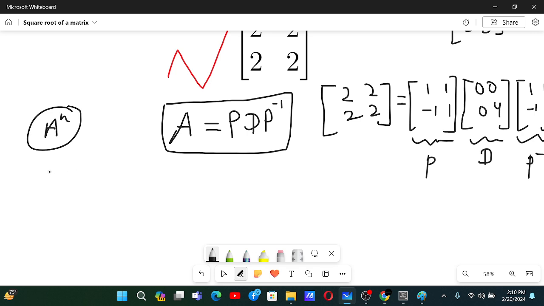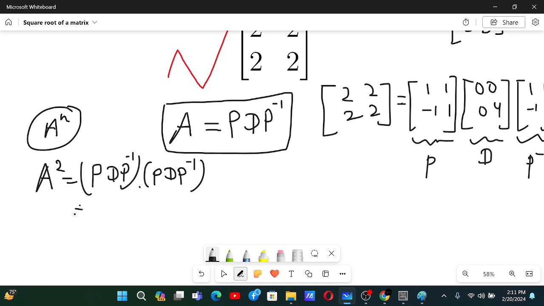Now A squared will just be P D P inverse times P D P inverse. Since matrix multiplication has the associativity property, we can write this as PD times P inverse P times D P inverse. P inverse P is just I, and I times another matrix is the same matrix.